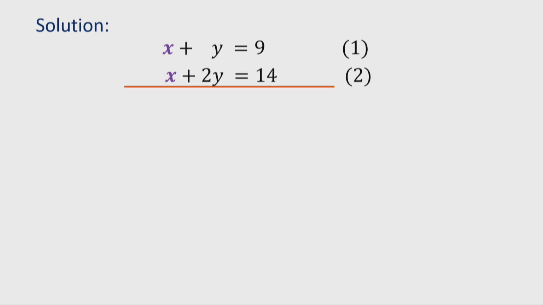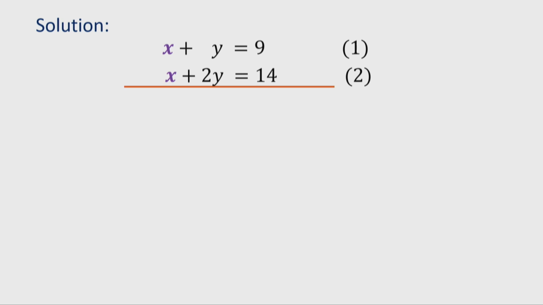Now, I can see that the coefficient of x in the first equation is 1 and the coefficient of x in the second equation is also 1. So here we have same coefficient for x in both equations and we also have same sign.